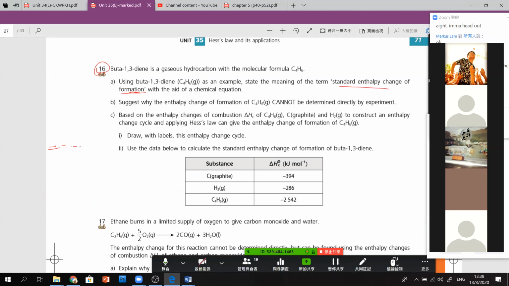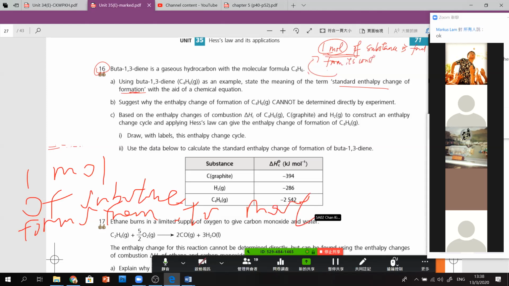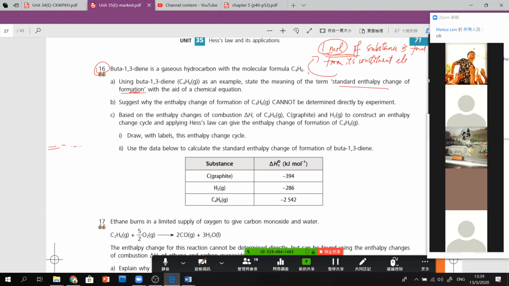It tells you the enthalpy change when what? 1 mole. Yes, that is the key. 1 mole of substance is formed from its constituent elements, in their standard state under standard conditions.